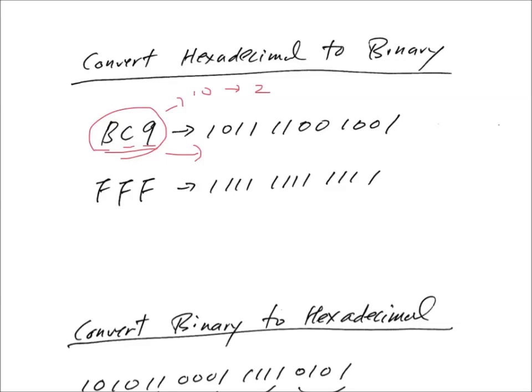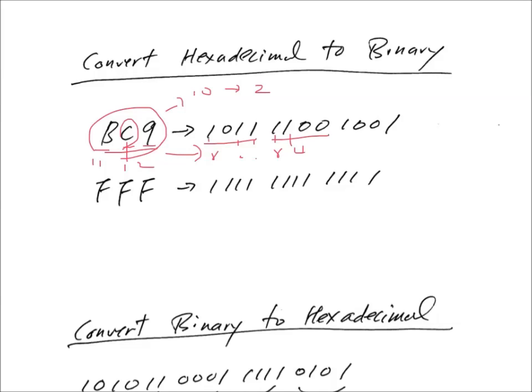So B, we know the numerical value is 11. 11 will be 1011, because this is 8, this is 2, this is 1, so it is 11. And C's numerical value is 12, and 12 in the binary system is 1100, because this is 8, this is 4.